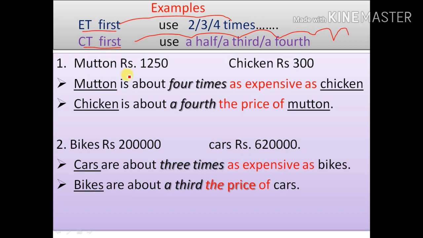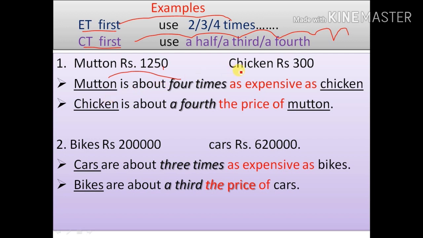Okay, so here mutton Rs 1250 and chicken Rs 300. So let's put the expensive thing at first. Mutton is expensive. Mutton is about 5 times as expensive as chicken. So here we used mutton, therefore 4 times.